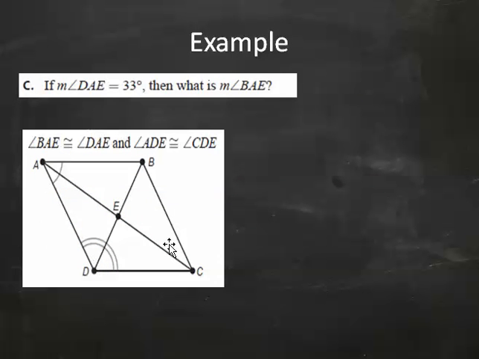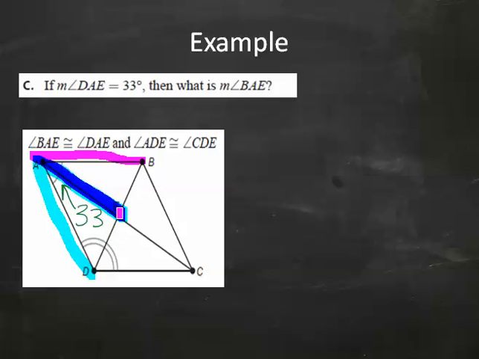Okay, so now we have another problem. You're still using the same diagram. It says if the measure of angle DAE is 33. So I'm going to highlight DAE, and then I'm going to list in there that the problem told me it's 33. This angle right here is 33. Then what is the measure of angle BAE? I'm going to take a different highlighter to look at what I'm trying to find.